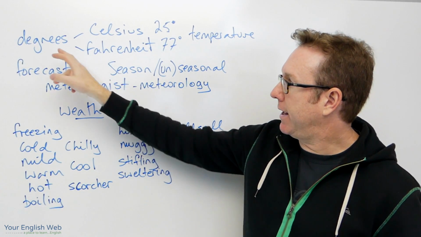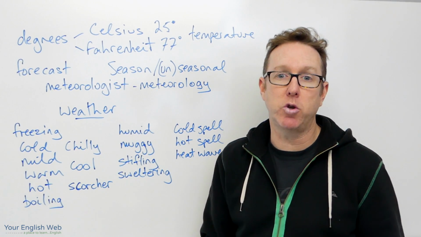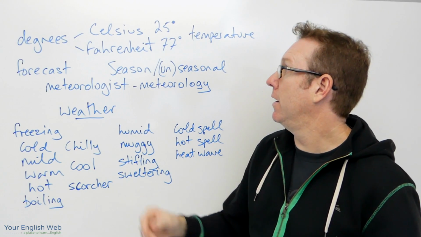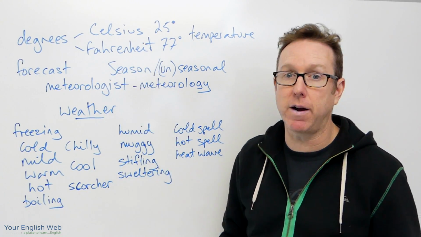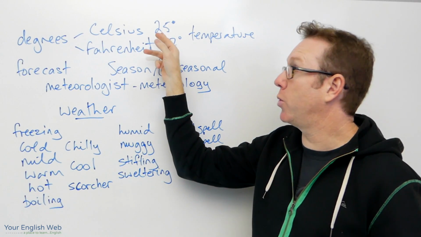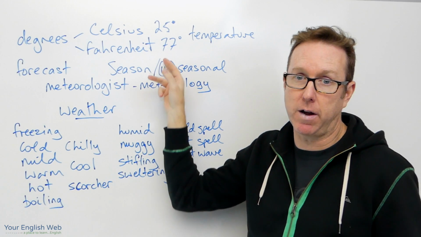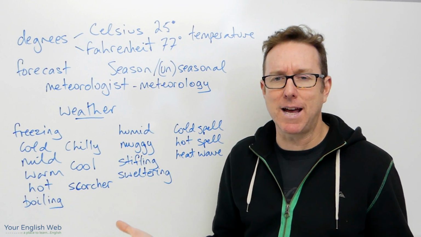Now, we're going to start here with the first word, which is degrees. Now, when we talk about weather, we talk normally in degrees, okay? Degrees can be degrees Celsius or degrees Fahrenheit. For example, 25 degrees Celsius, 77 degrees Fahrenheit. Now, Fahrenheit is used I think only in the States nowadays.